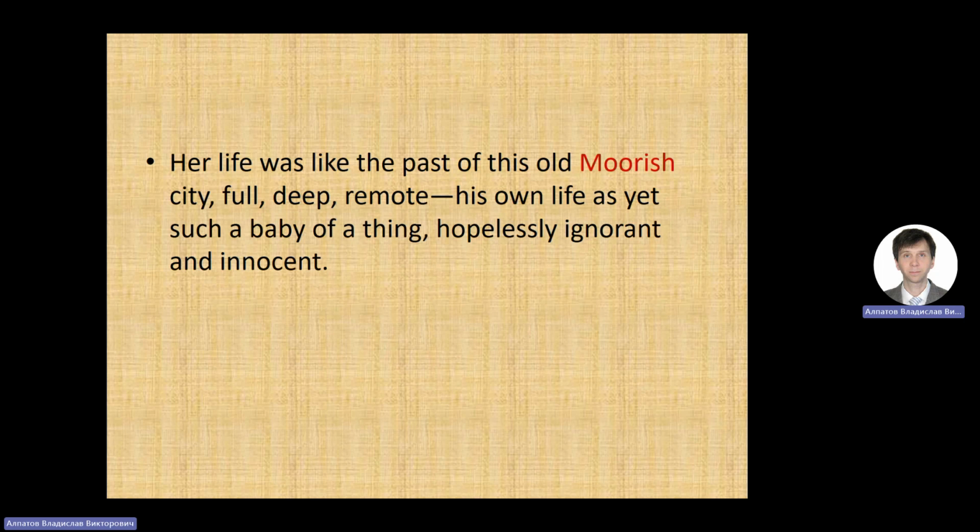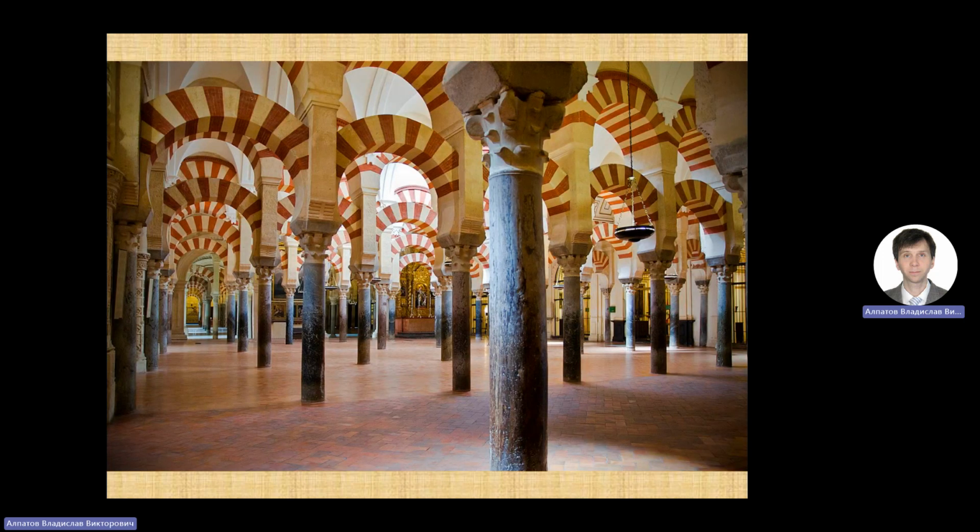Well, this example that we regarded in our seminars recently: "Her life was like the past of this old Moorish city, full, deep, remote. His own life as yet such a baby of a thing, hopelessly ignorant and innocent." For us to be able to fully appreciate this image, we have to recognize this reference to Moorish architecture and to Moorish history.